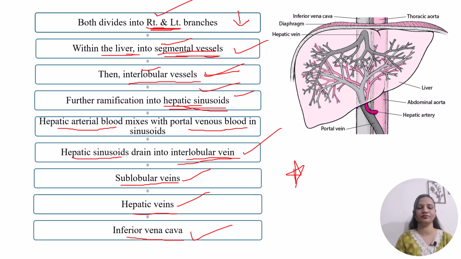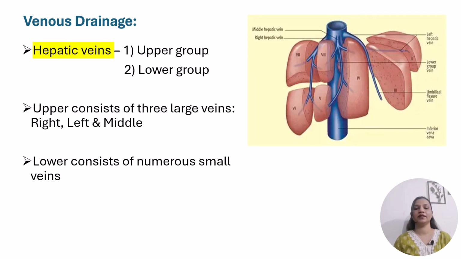Moving on, next is the venous drainage of the liver. The venous drainage is done by the hepatic veins. You have to keep in mind that there are two groups of hepatic veins present inside the liver. First one is the upper group and the second one is the lower group.